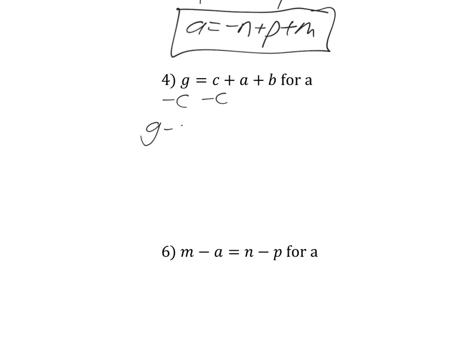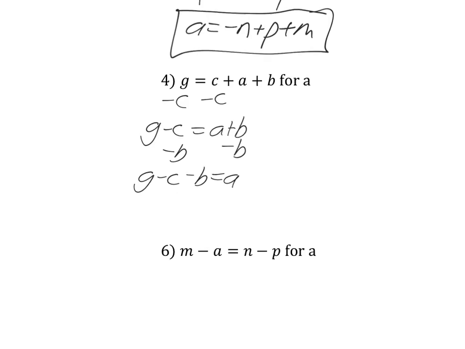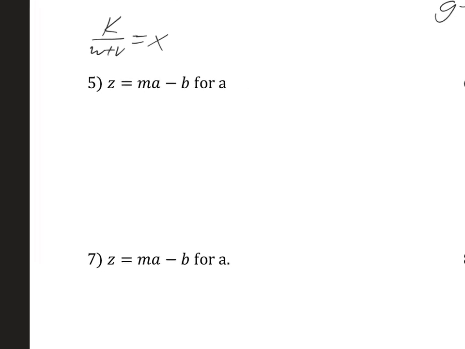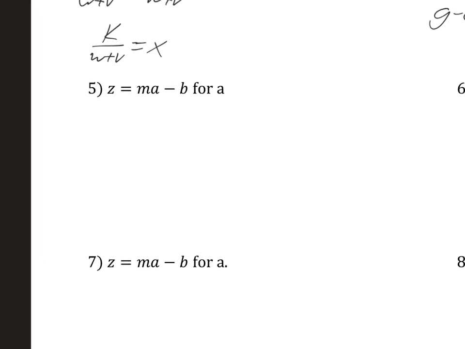So I have g minus c equals a plus b, and then I want to subtract b from both sides. So I have g minus c minus b equals a. Cool, good. Okay, go ahead and try this next one. Solve for a.